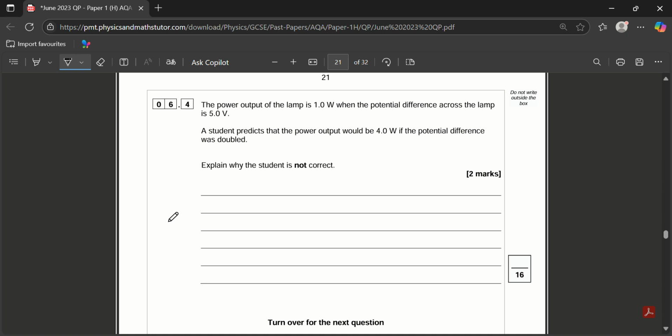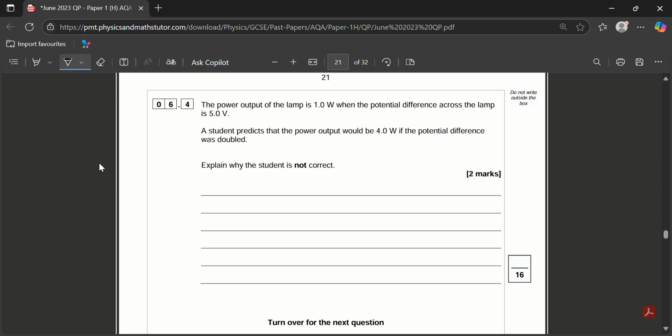Alright, 6.4. The power output of the lamp is 1.0 watts when the potential difference across the lamp is 5 volts. The student predicts that the power output would be 4.0 watts if the potential difference was doubled. Explain why the student is not correct.